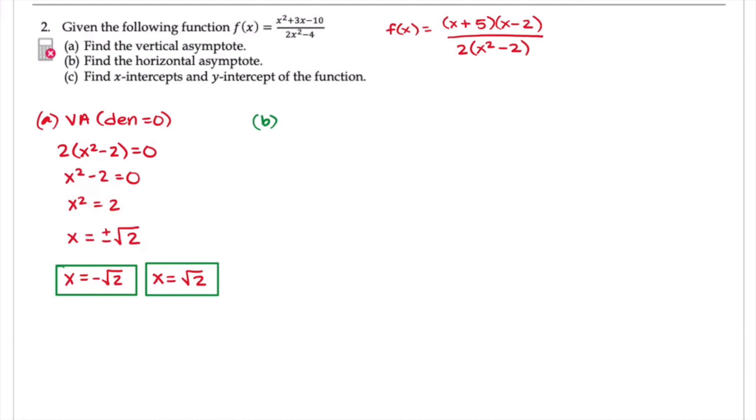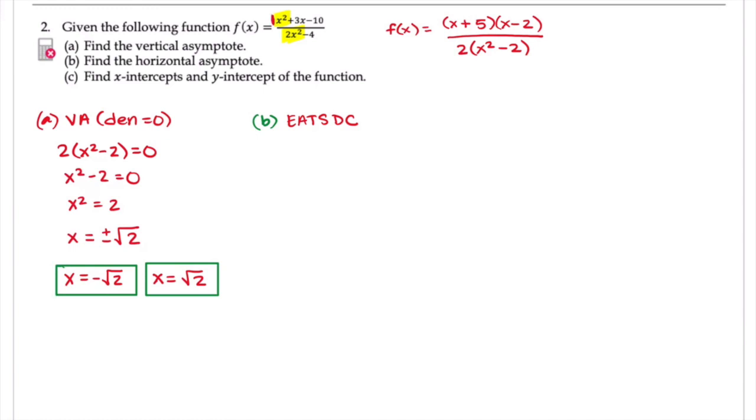For part B, we are going to find the horizontal asymptote. We are focusing on the original function here. We have the same exponents both on top and bottom, so this is our exponents-the-same case: we divide coefficients. What is our coefficient for our numerator?